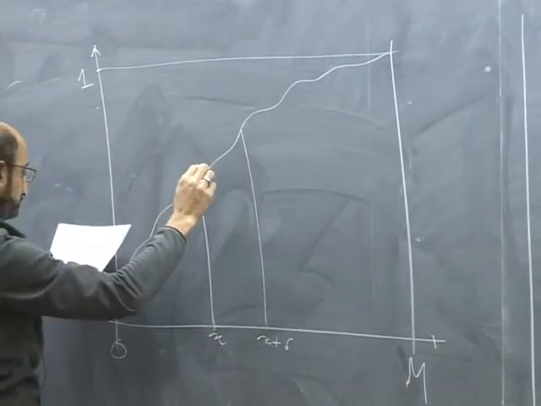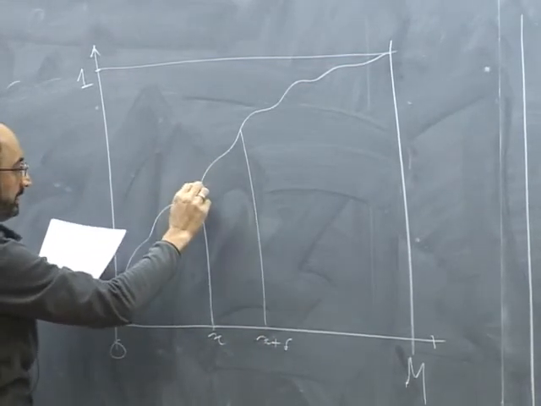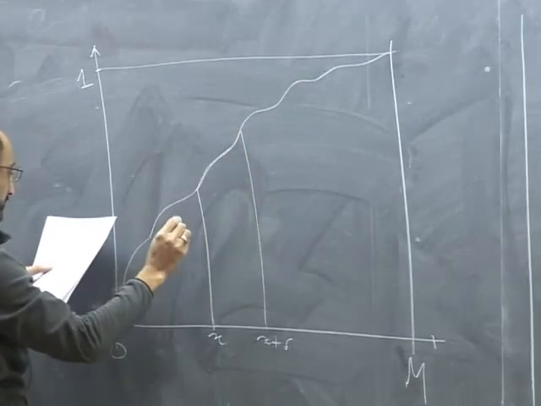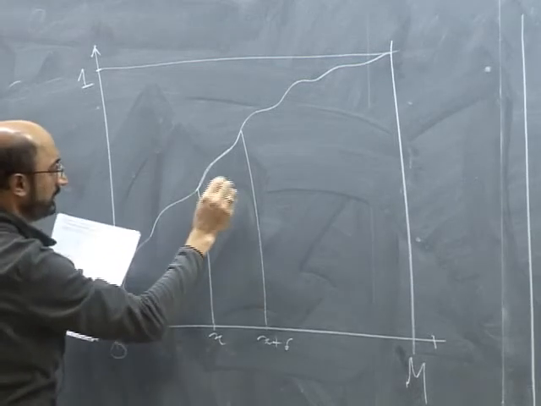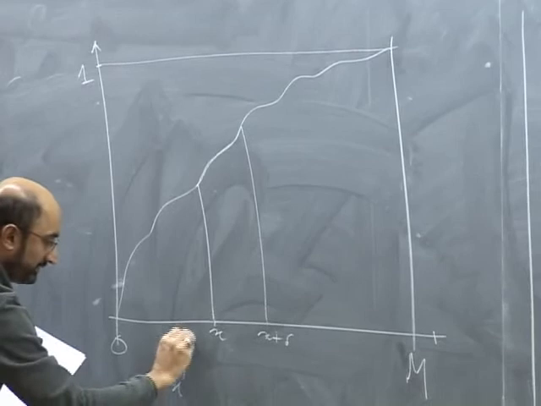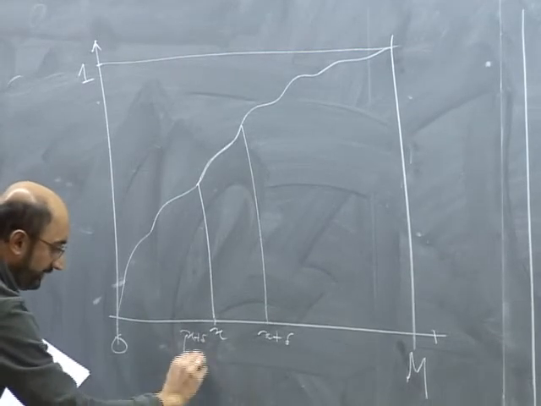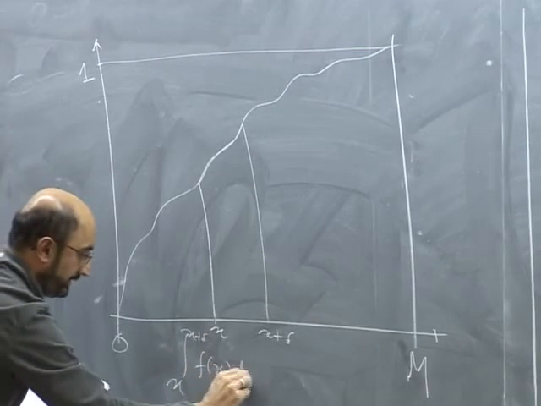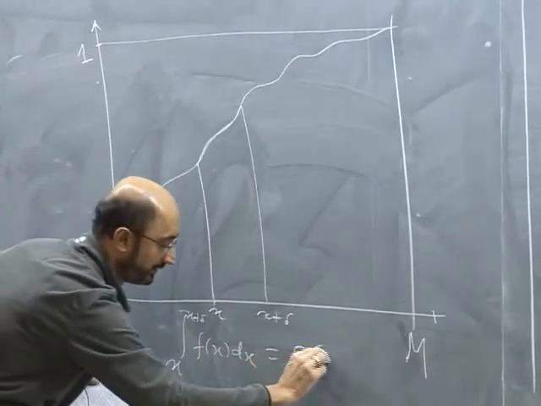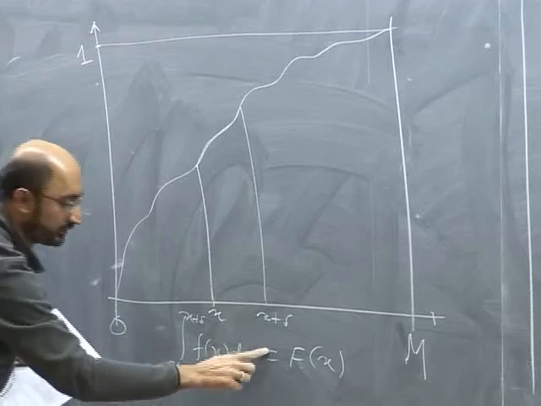Then the amount of mass in this range from here to here is going to be the integral from x to x plus delta of f(x) dx, and that is approximately equal to small f of x delta.